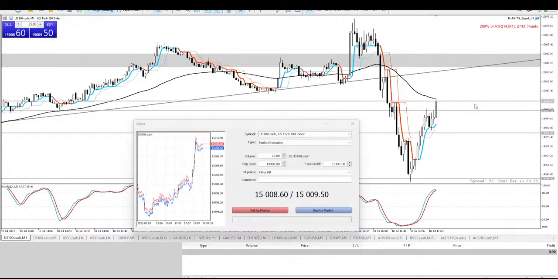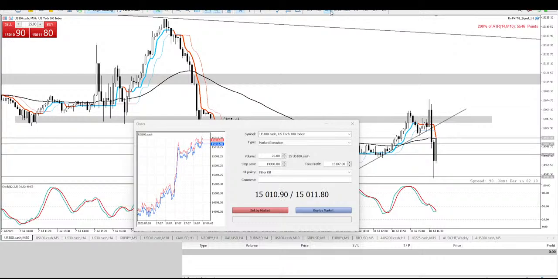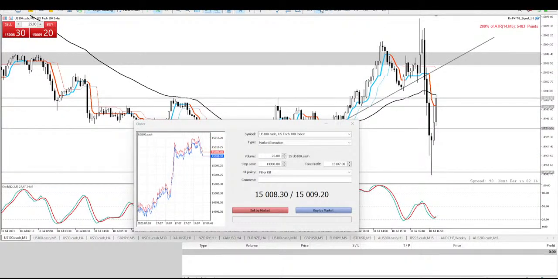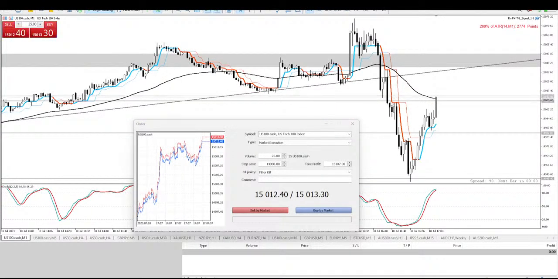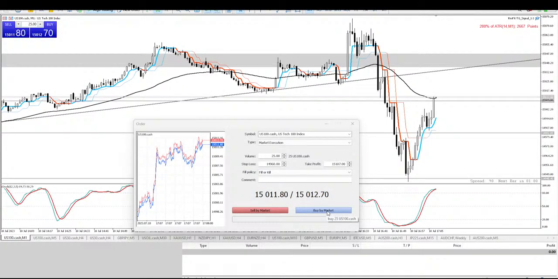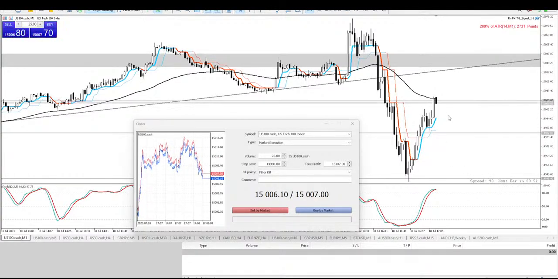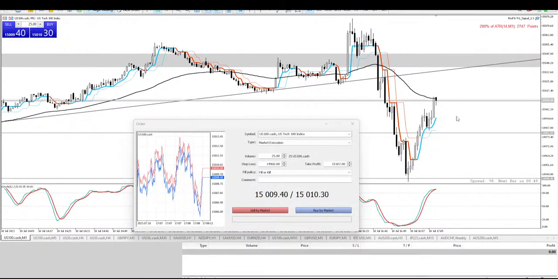Let's wait for this candle to close. This could be the rejection.